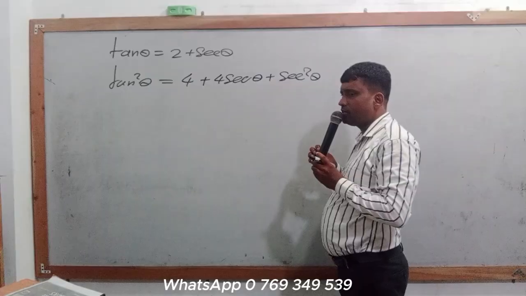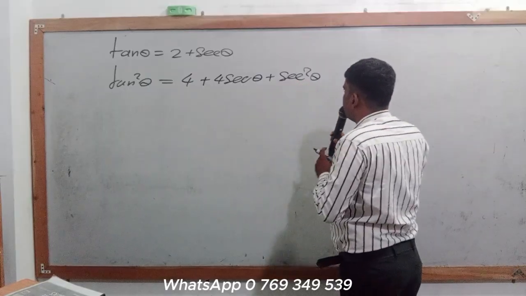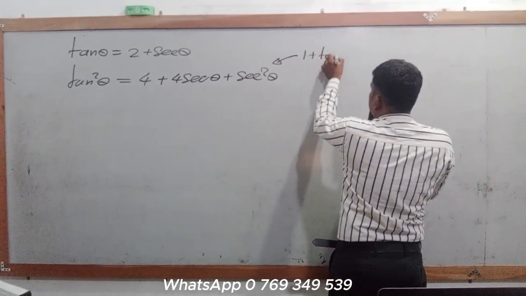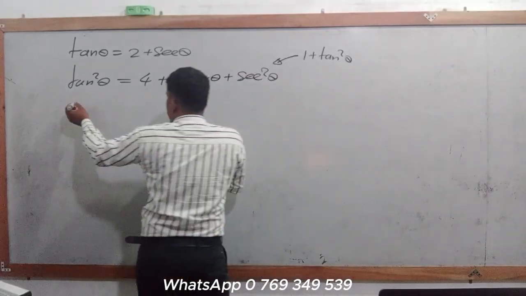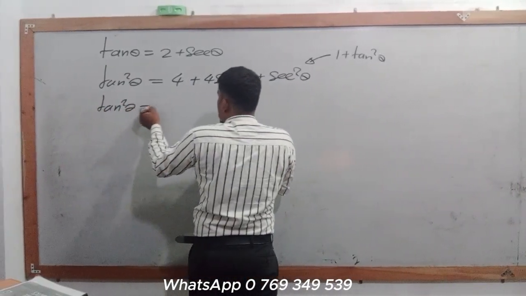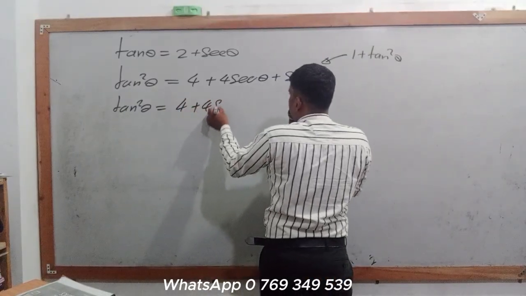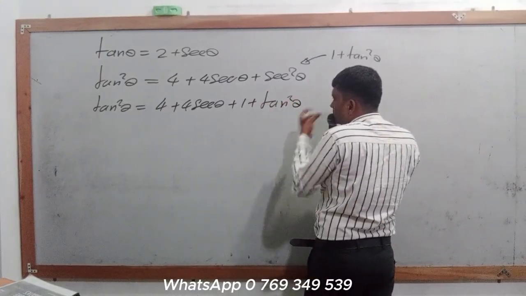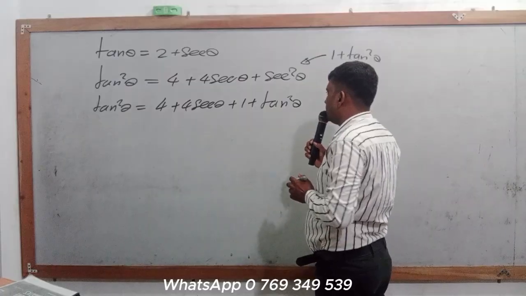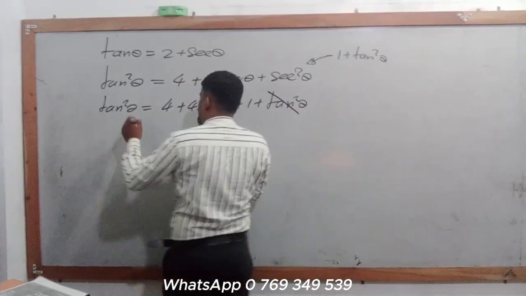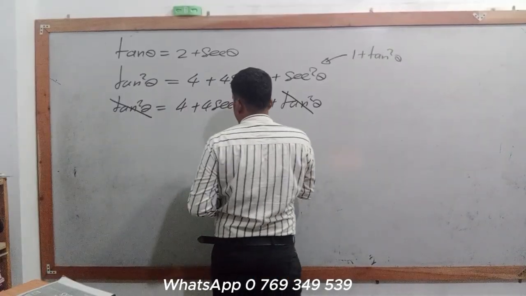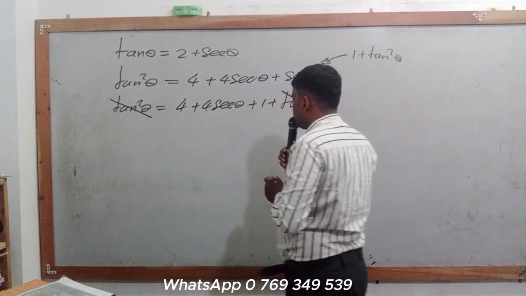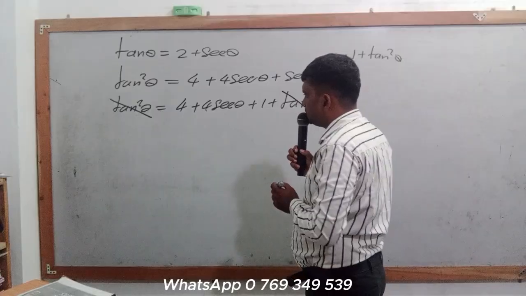Sec square theta, we know that is 1 plus tan square theta. So tan square theta equals 4 plus 4 sec theta plus 1 plus tan square theta, and you can cancel those terms.